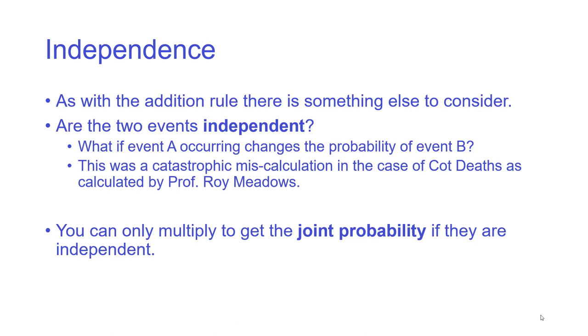So he calculated the probability of 2 children within the same family dying from cot death would be 1 over 4,000 multiplied by 1 over 4,000. That is a very small number. So it's 1 over 16 million.